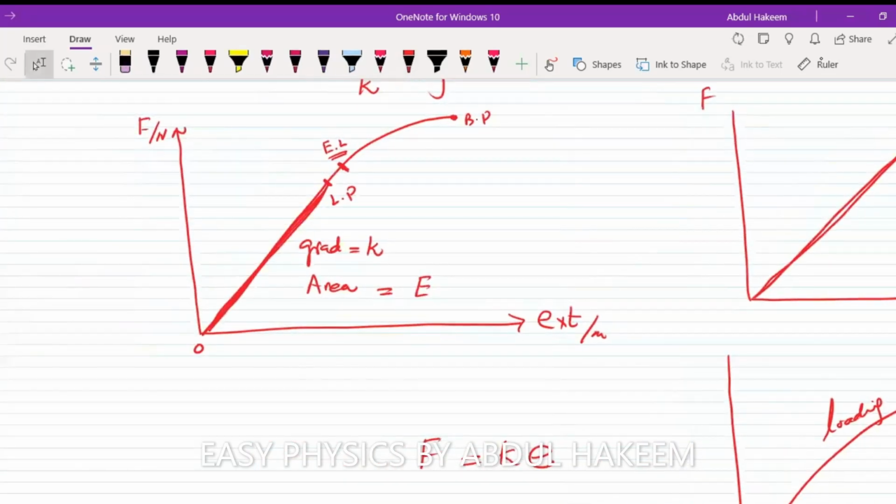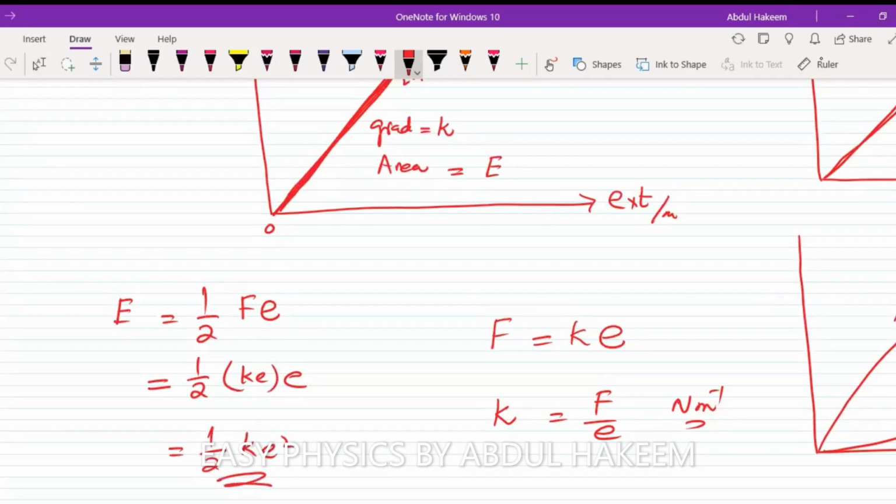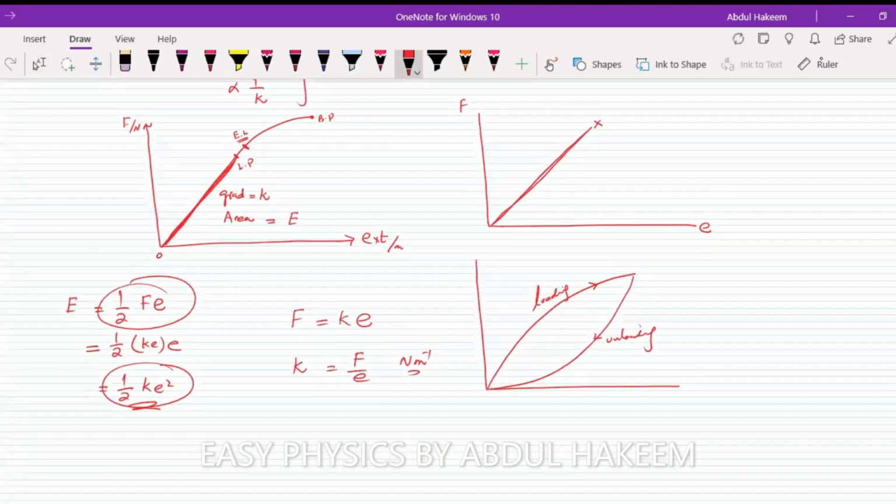So the formula for the strain energy, the elastic potential energy, will be 1/2 Fe. We are studying solids. If the solid obeys Hooke's law, then 1/2 ke times e, so it will be 1/2 ke squared. So use either 1/2 Fe or 1/2 ke squared. Same here: the gradient is k and the area is the energy.